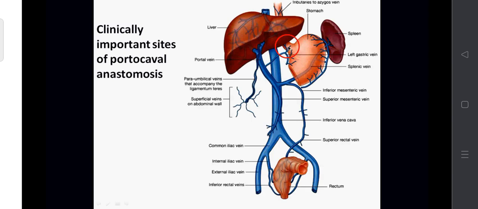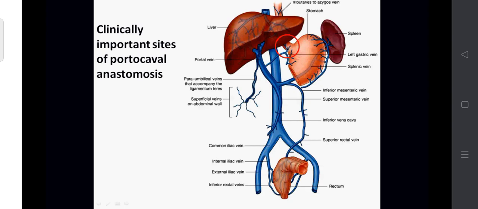Now this condition leads to dilatation and tortuosity of the veins in the esophagus. This condition is called esophageal varices, just like we have discussed the varicose veins in the lower limbs. The veins in the esophagus which form the anastomosis will get dilated and become tortuous.